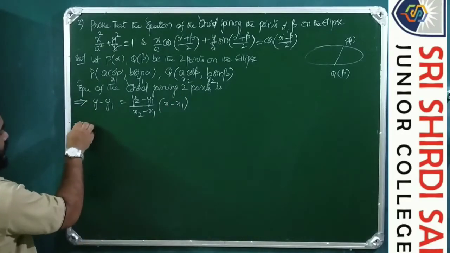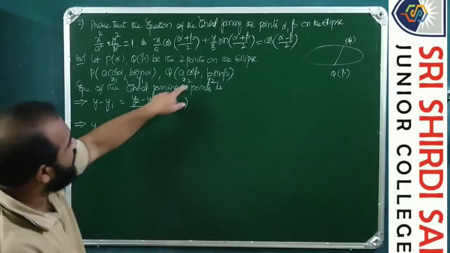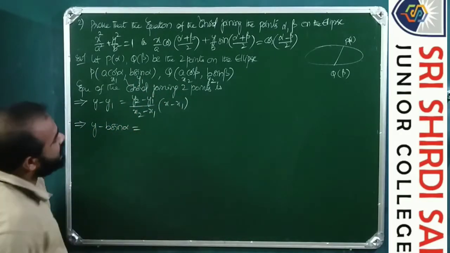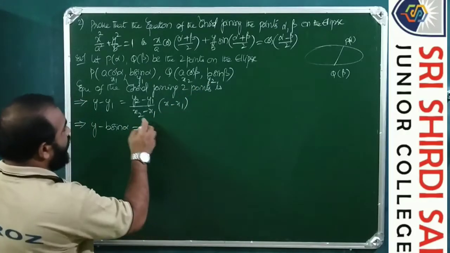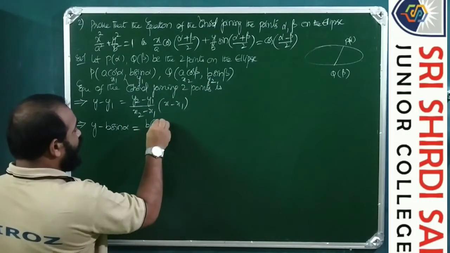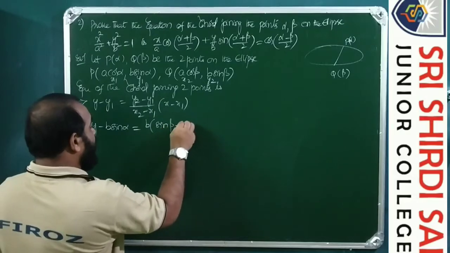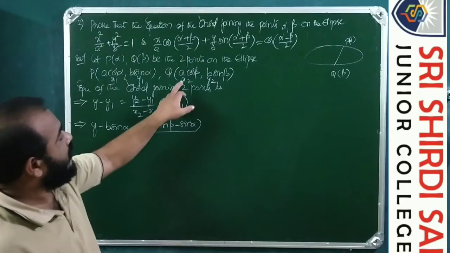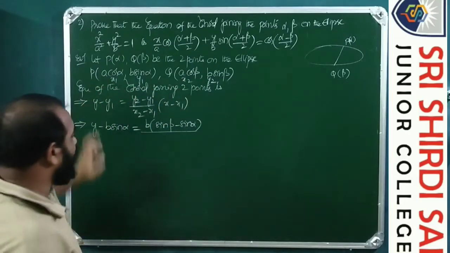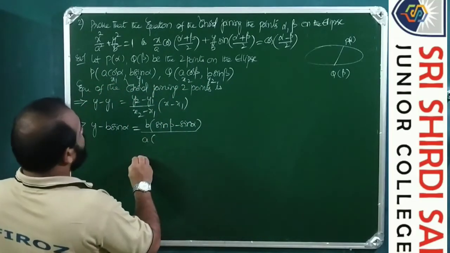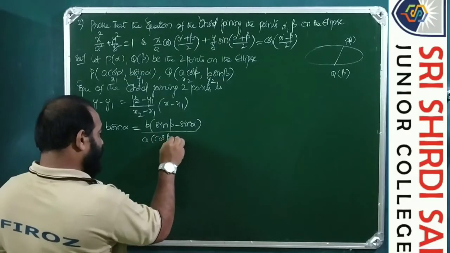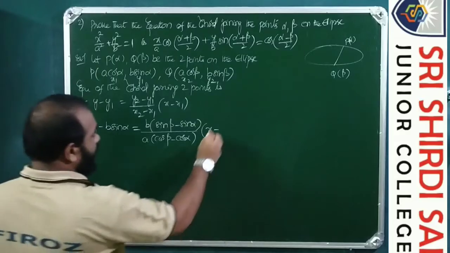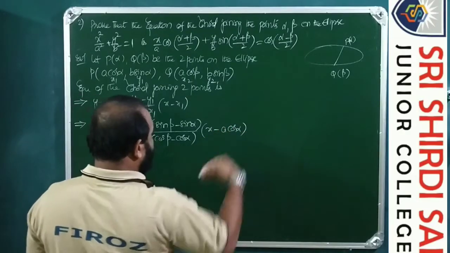So this implies y minus y1 is b sin alpha, y2 minus y1 is b sin beta minus b sin alpha. Take b in common, sin beta minus sin alpha, by x2 minus x1, a cos beta minus a cos alpha. Take a in common, so cos beta minus cos alpha, into x minus x1, a cos alpha.